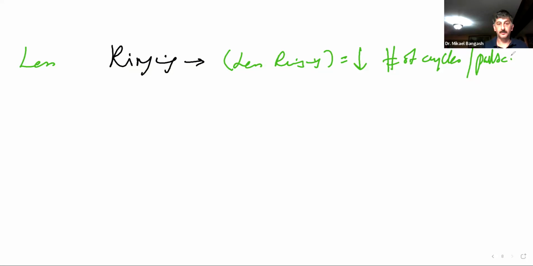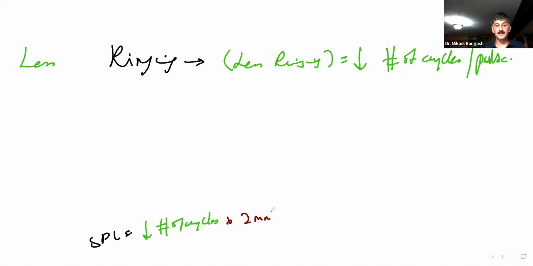And what is that going to do? Just look at your spatial pulse. If we have a lesser number of cycles in a pulse, and say they have a fixed wavelength, let's say 2 millimeters, for instance.